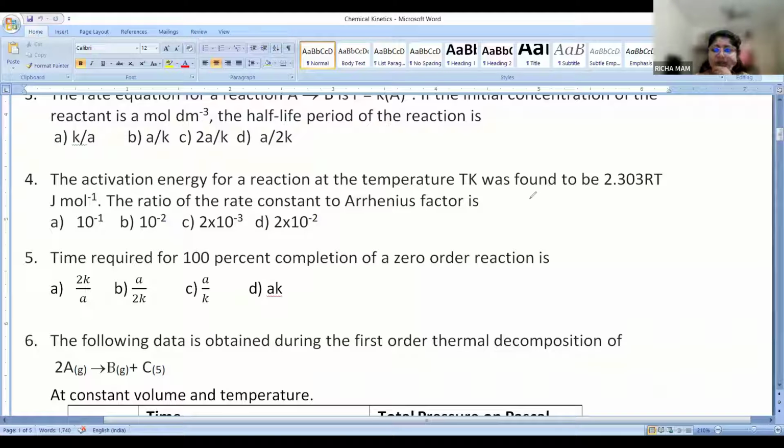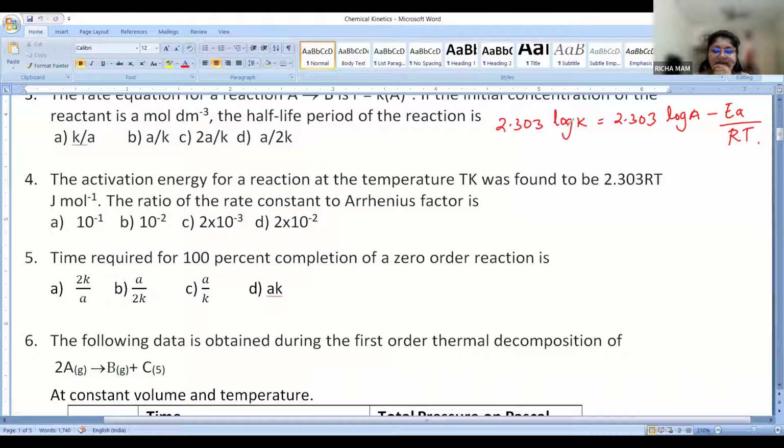So according to the equation, this is your rate constant, right? 2.303 log of K is equal to 2.303 log of A minus EA by RT. So this is the equation which we know.